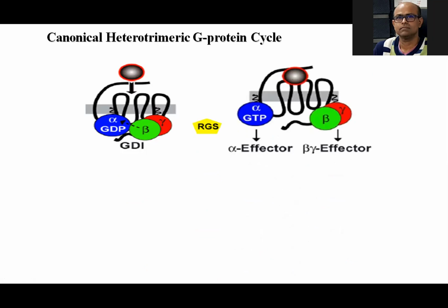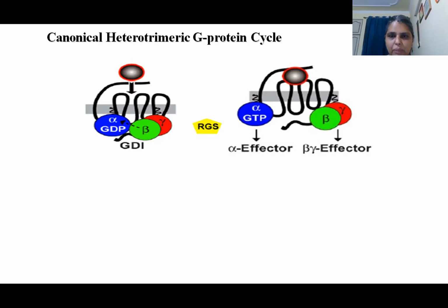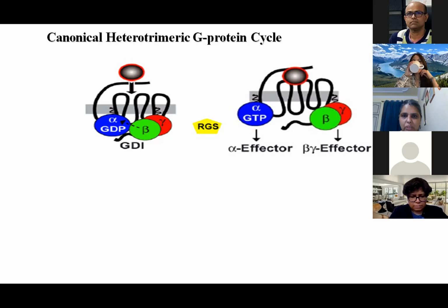So something is binding to the protein, it will lead to structural conformational changes, and the beta gamma subunit will dissociate from the alpha subunit, and now they move inside the cell, and they will be interacting with other partners or effectors, and they will go inside the nucleus and tell the cell, okay, look, some stress is there, you need to do something, right? Those downstream effectors, there are layers. You have the first on the surface, then you have the secondary messenger, then you have one more layer, and ultimately the gene expression would change, resulting in a change in physiology or a change in the phenotype, right?